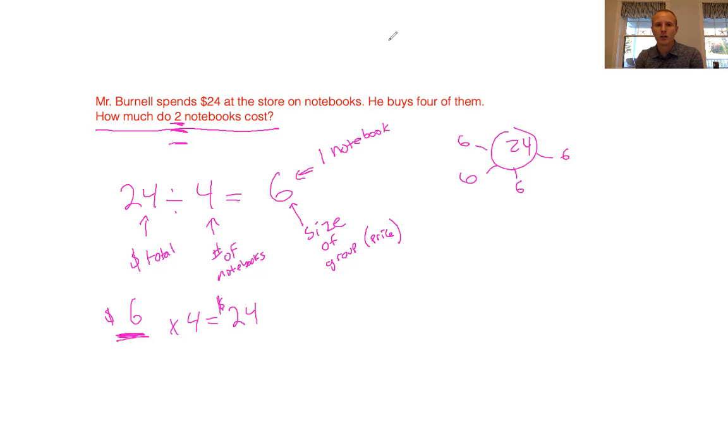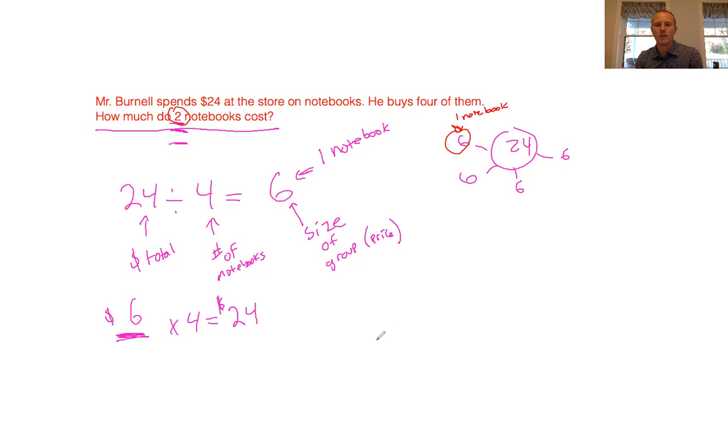This right here is 1 notebook. This right here, I'll do a different color for this one. That's 6, is 1 notebook. We then need to say 1 notebook costs $6. So how much do 2 notebooks cost?